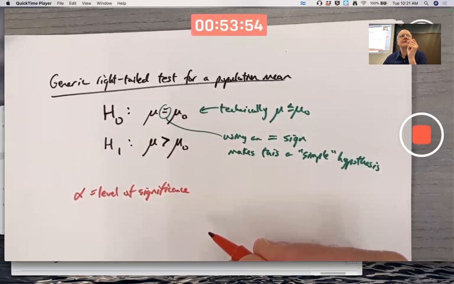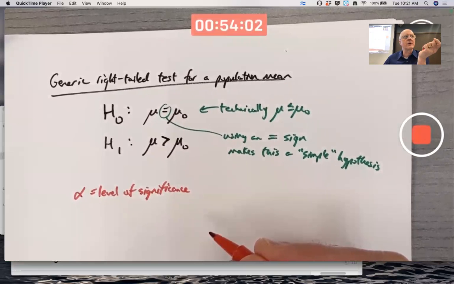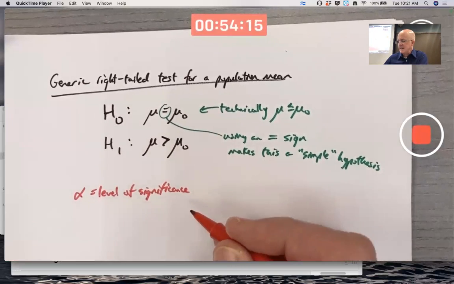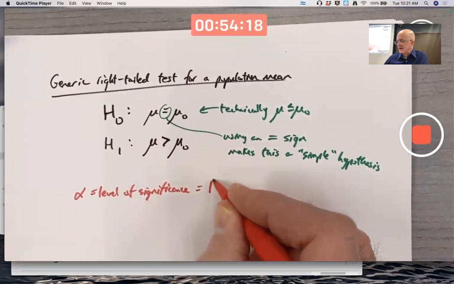And if you do the test with the other method, instead of finding the p-value, you find what's called the critical region, the rejection region. Alpha helps you figure out what the rejection region is, because what alpha really represents is the probability of type 1 error.